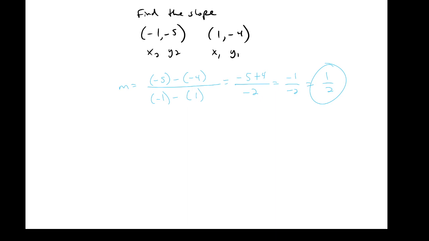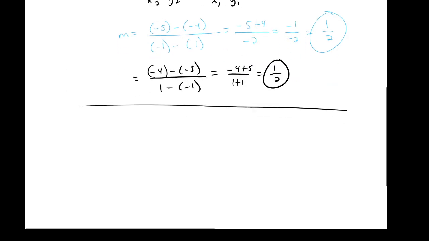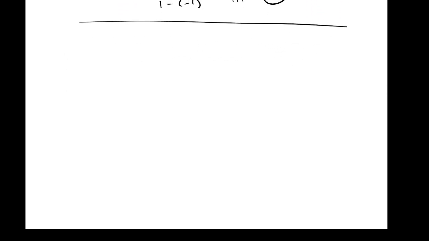So when we do that, rather than -5 minus 4, we're going to say -4 minus -5 over our x sub 1 is going to be 1 minus 1. Okay, so -4 plus 5, minus is plus, over 1 plus 1, which is going to give us 1 over 2. It's the same exact thing. Doesn't matter which way you do it. You only have to do it one way, but both results will yield the same thing.